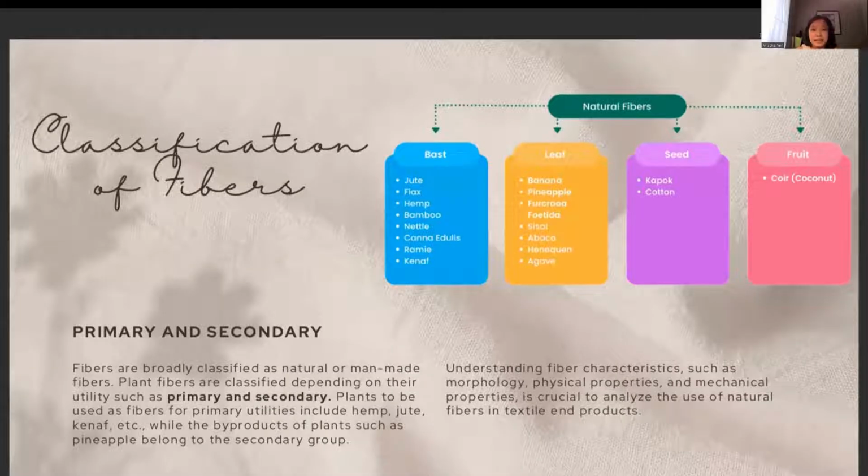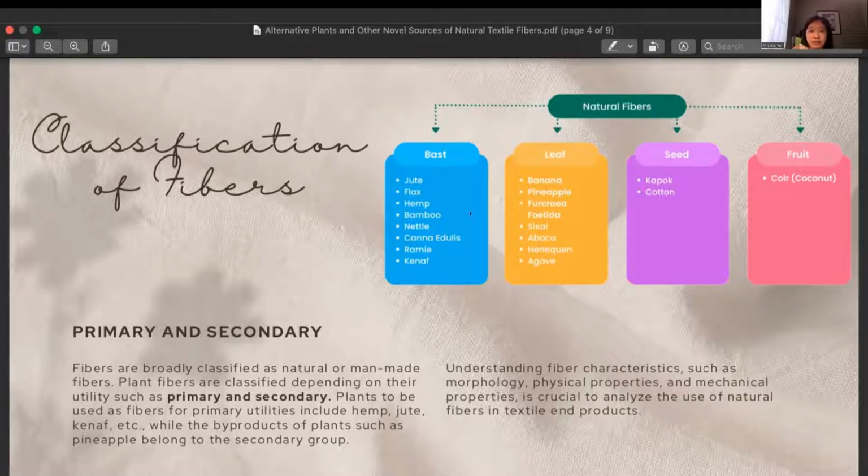This is an overview of how fibers are classified. Fibers are broadly classified as natural or man-made fibers. Plant fibers are classified depending on their utility, such as primary and secondary. Plants that are used as fibers for primary utilities include hemp and jute, while byproducts of plants, such as pineapple, belong to the secondary group.